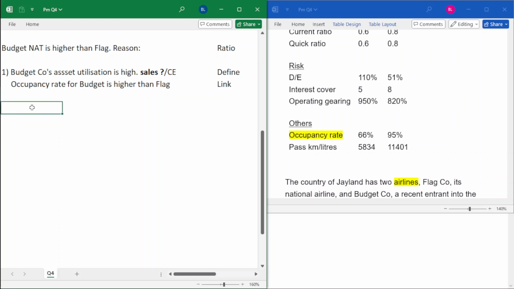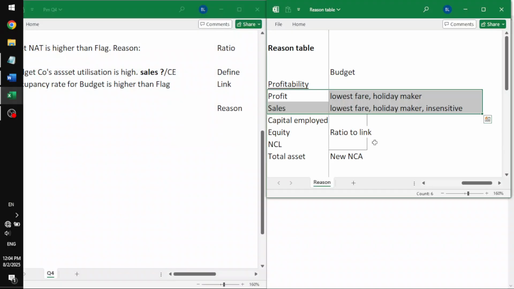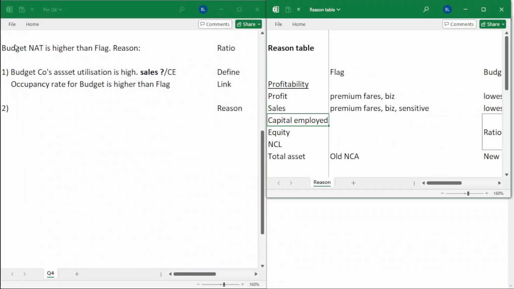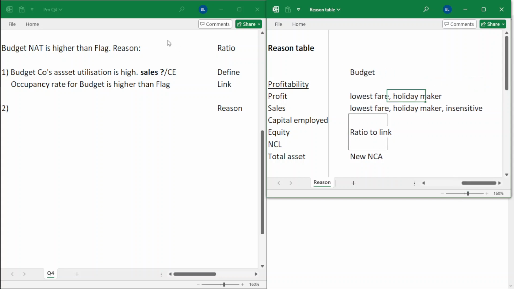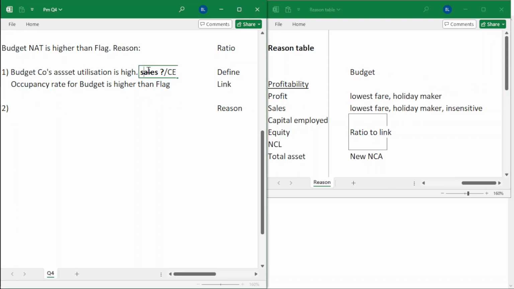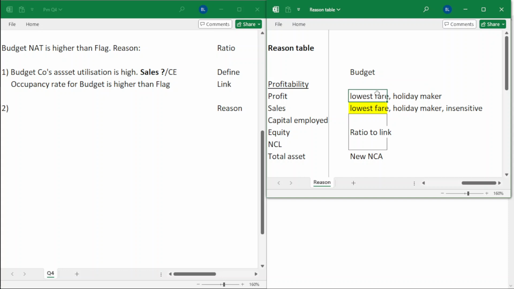Then continue. Maybe you can provide another reason based on the reason table. This one is a link, right? So let's focus on budget. Budget, it says focus on the sales. So previously you talked about lowest fare.